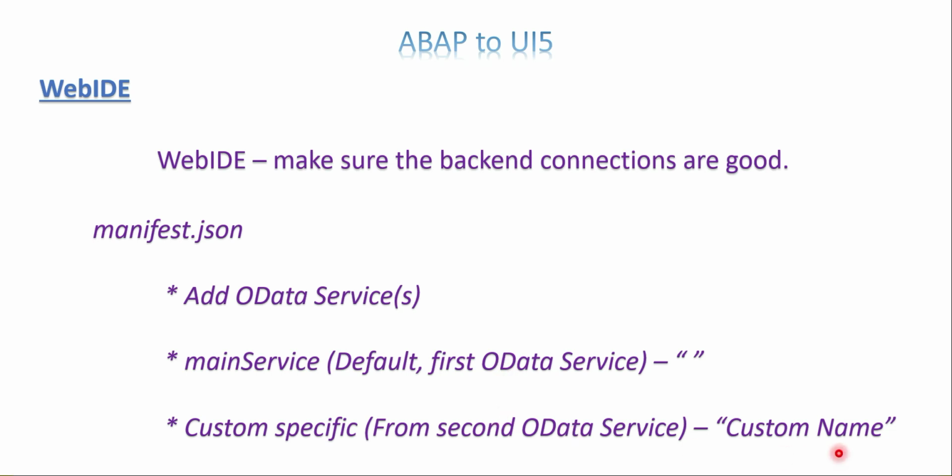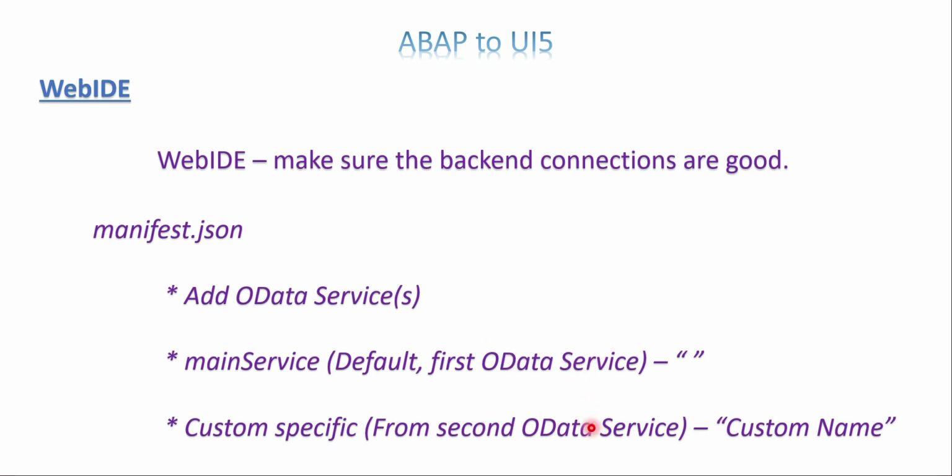I can call it an alias name or identification name for the OData services. Or even for my first OData service, if I want to give a name, yes, that is possible. I'll show you where it is default and where we have to give the custom name. If it is a default, the system recognizes it as the first or default OData service. Whenever only a field name or an entity set name is given, it points to your default OData service.